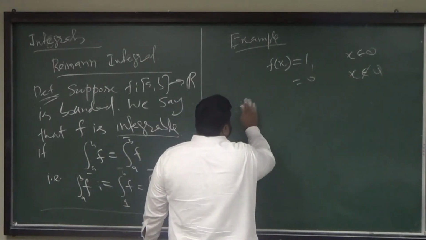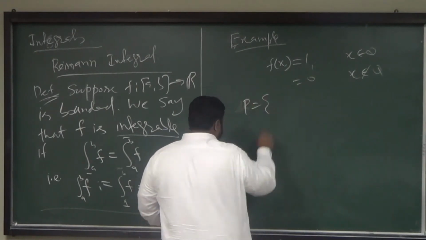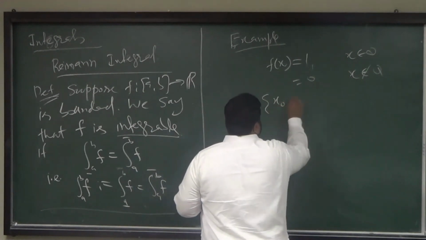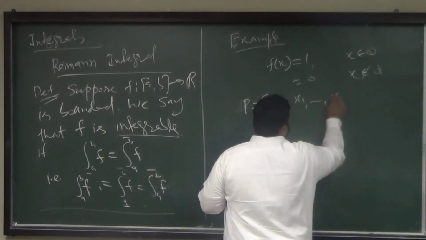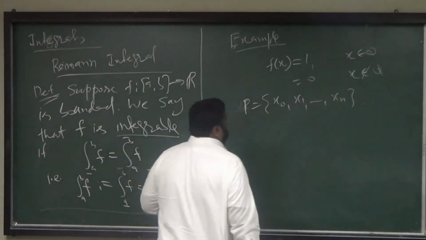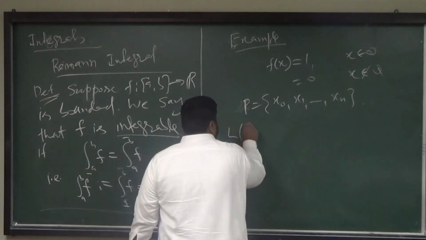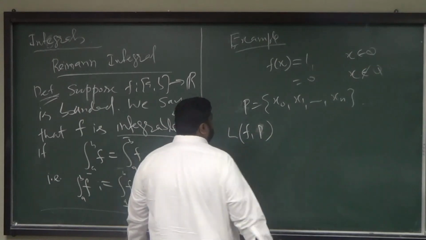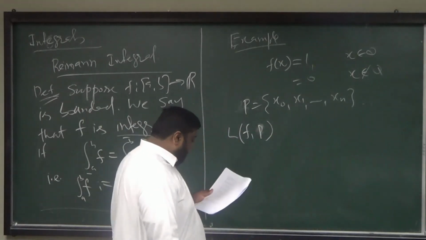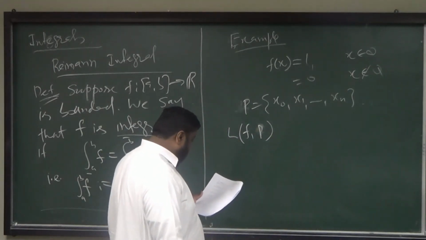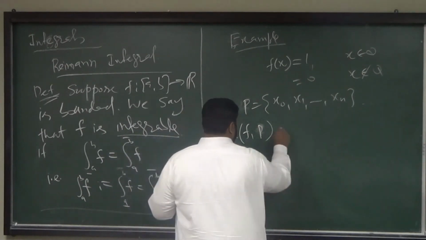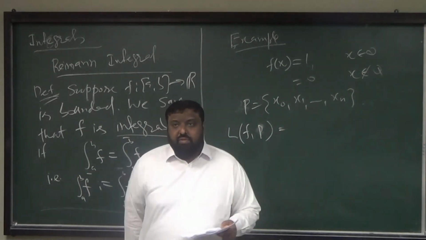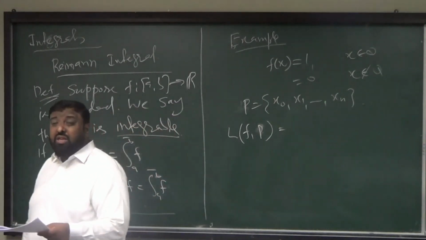Take any partition P. What would be the LFP, the lower sum, for this partition?